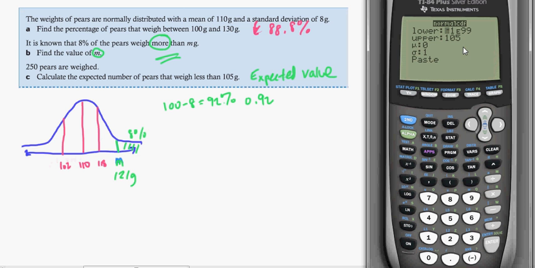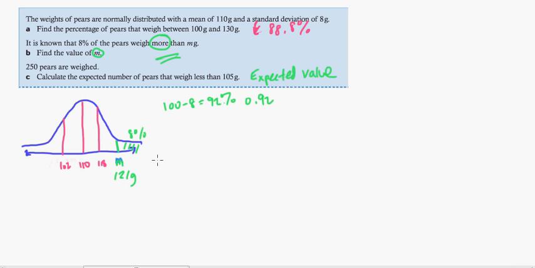The calculator defaults to this lower bound, a really small number, and then 110 and 8, and we get 0.265. There are 250 of them, so we multiply by 250 and it is 66.5. So I would say 66 or 67 pears.